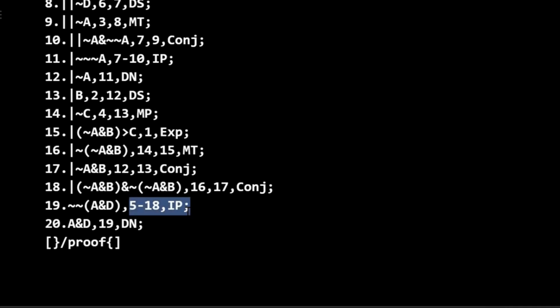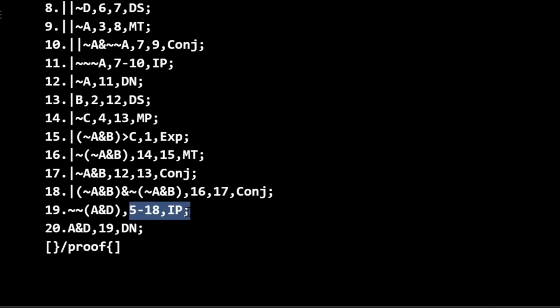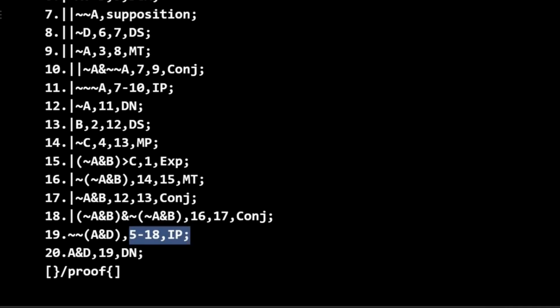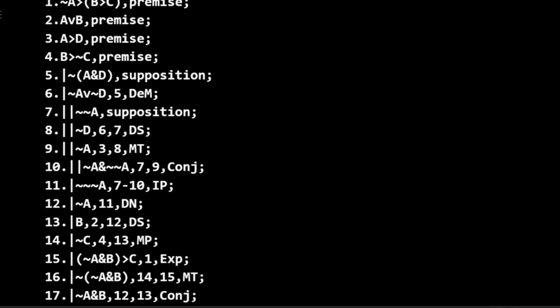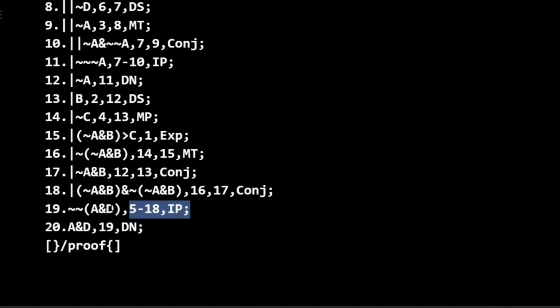I certainly shortened that up, but I could make this even shorter in terms of the indirect proof segment by adding in that line 5. But there might be even a way of getting this into shorter lines. The point of this example is not to show you the most elegant proof. It's just that we had a situation where we were really at an impasse, and indirect proof was the trick.